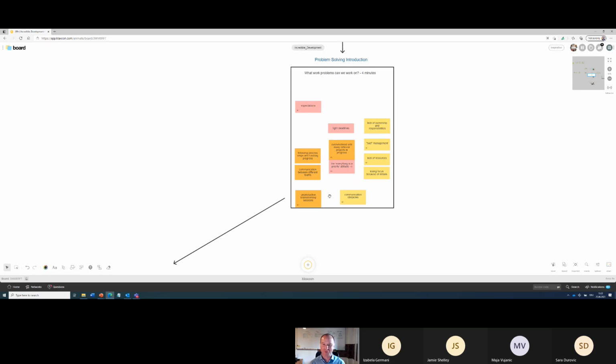Somebody's cast their last vote, which means communication obstacles wins the day as our choice for trying to solve the problem. Here, let's take communication obstacles in the context of project deliverables. So let's bring it into that context of communication obstacles to get project deliverables done. Does that make sense for everybody?